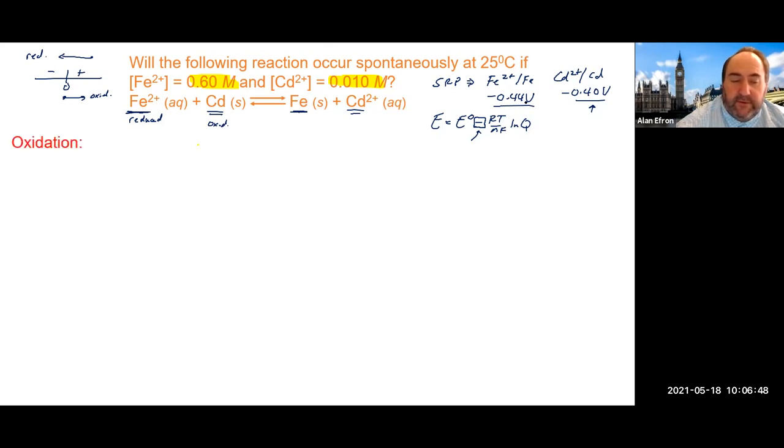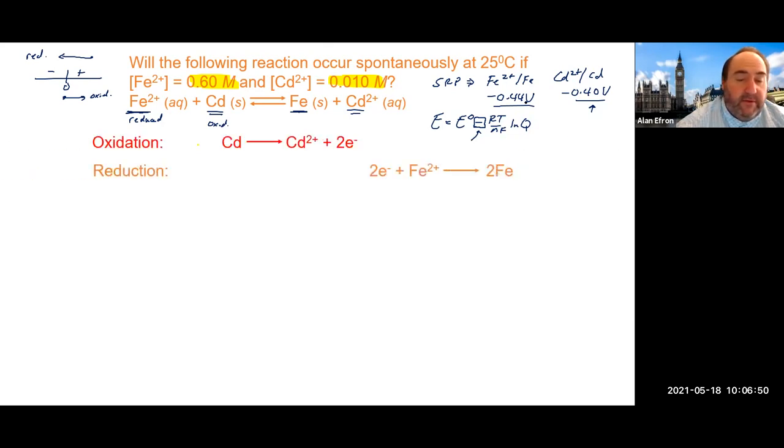It's really important to remember, as we talked about, that you look at the equation if they give it to you, or if they give you some information in words, that you follow what they say in words. We can also see, looking at our 2 half reactions from our SRP table, that the value of N here will equal 2.